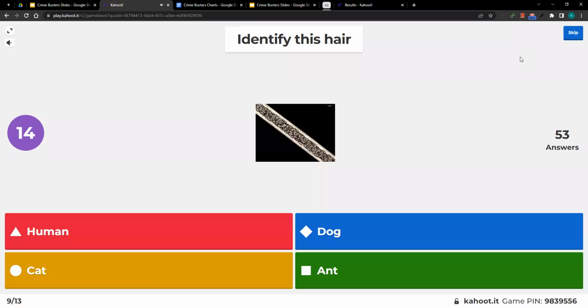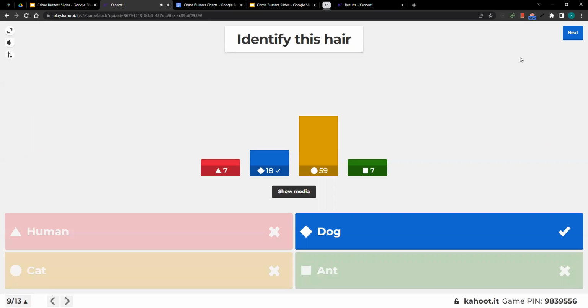So by this point, you don't need that cheat sheet anymore. Ooh, so this time I think this question might be a bit hard.